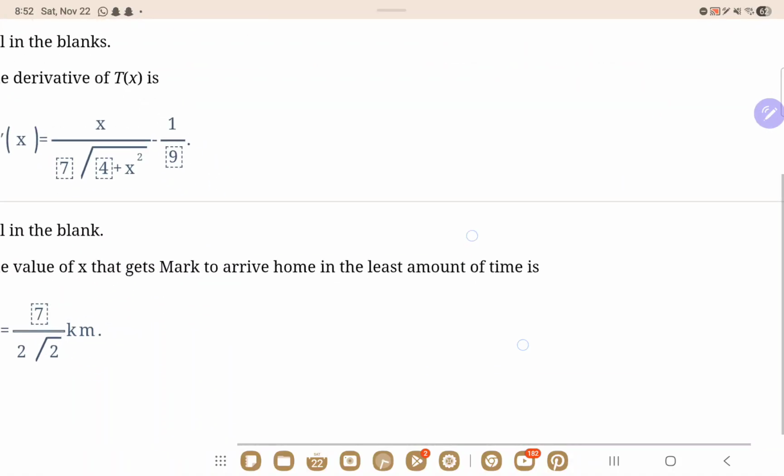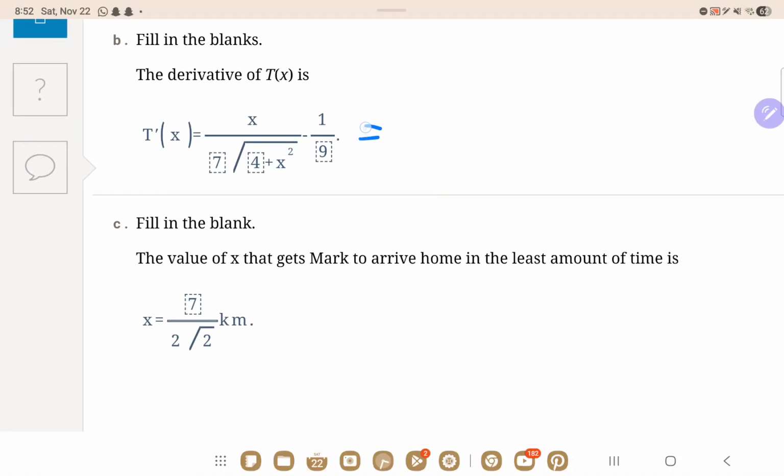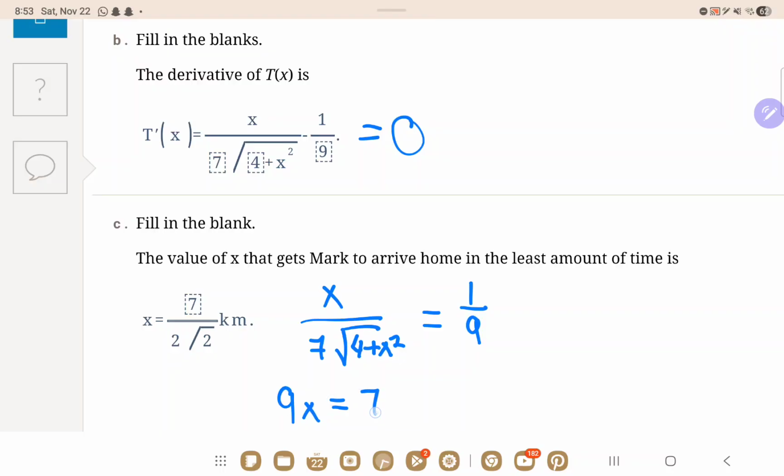Now they're just telling you to equate this derivative to 0. So you're going to do x over 7 radical 4 plus x squared equals 1 over 9. You're going to cross multiply, so 9x equals 7 times radical 4 plus x squared.